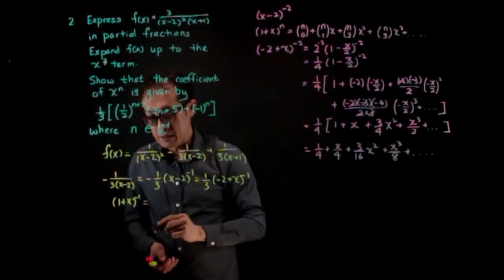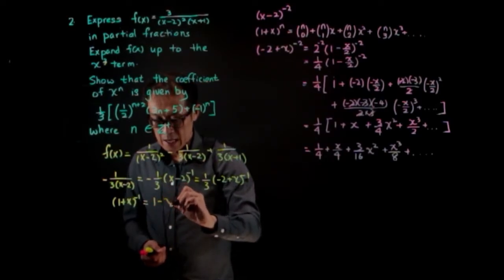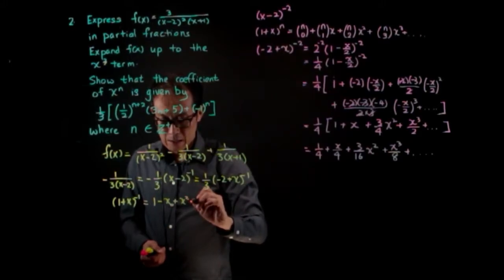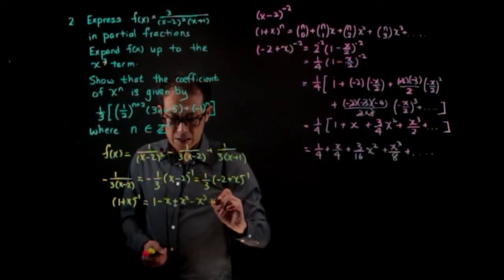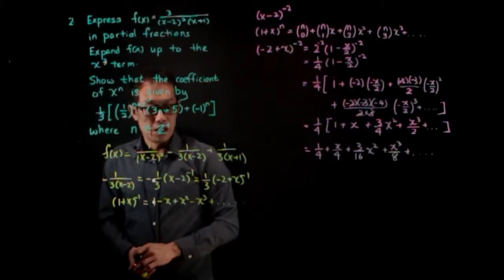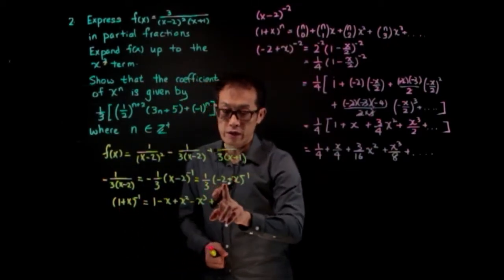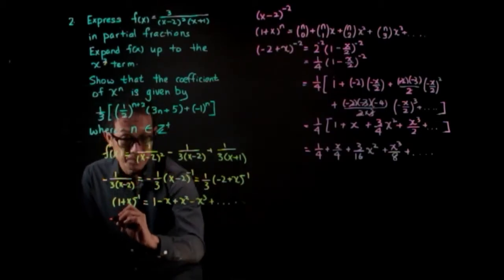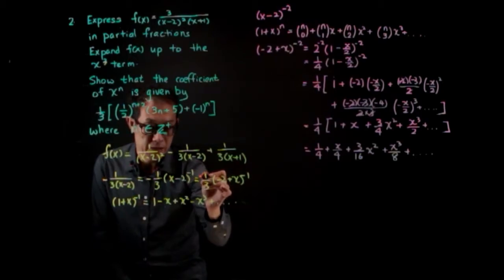Now, what is the expansion for this? This is 1 minus x plus x squared minus x cubed plus dot dot dot. So you have to make sure that this term is 1. So what do we have over here? I think I missed out a minus here.